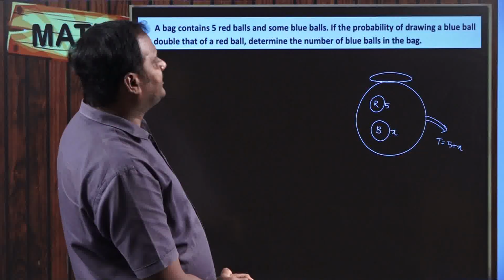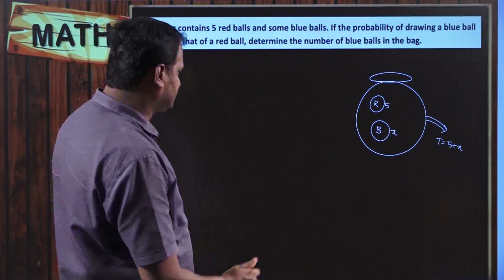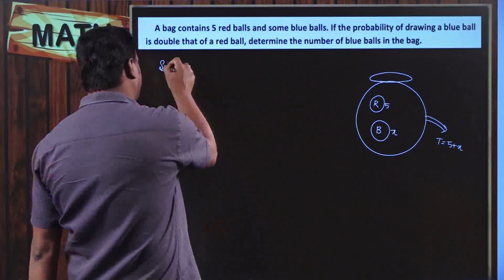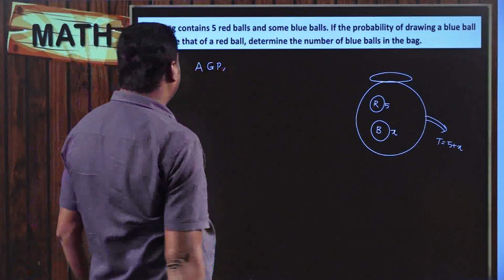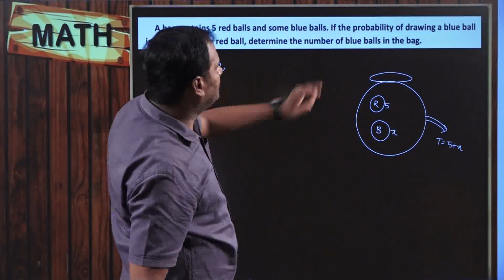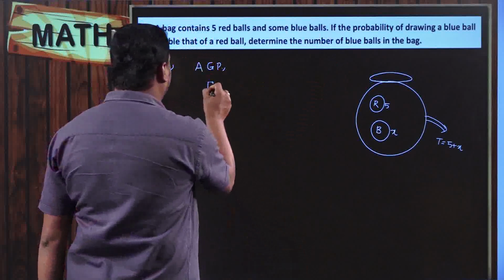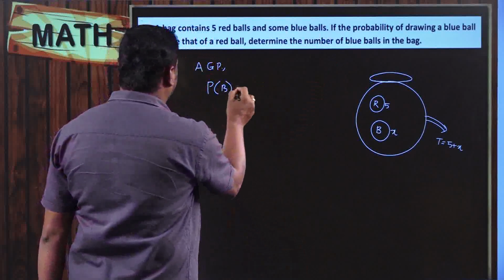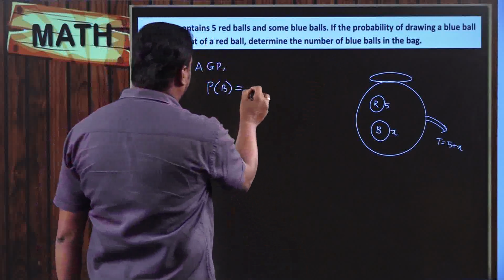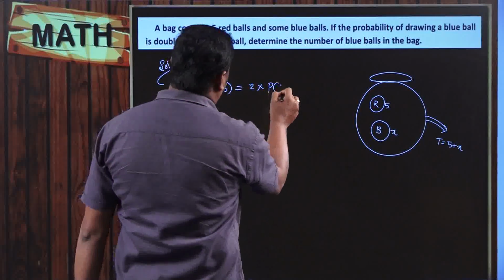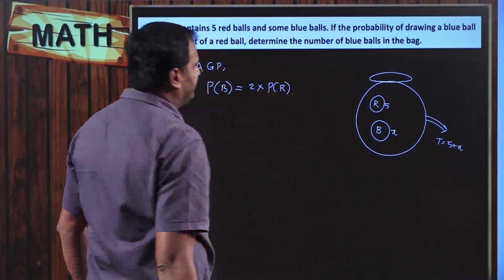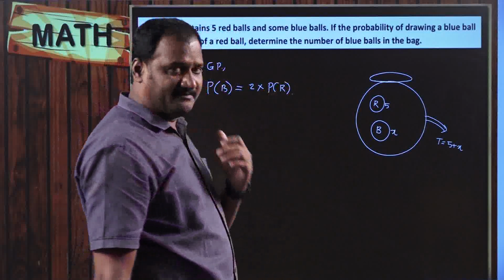According to the given problem, the probability of drawing a blue ball is double, 2 times, the probability of drawing a red ball. Determine the number of blue balls in the bag.